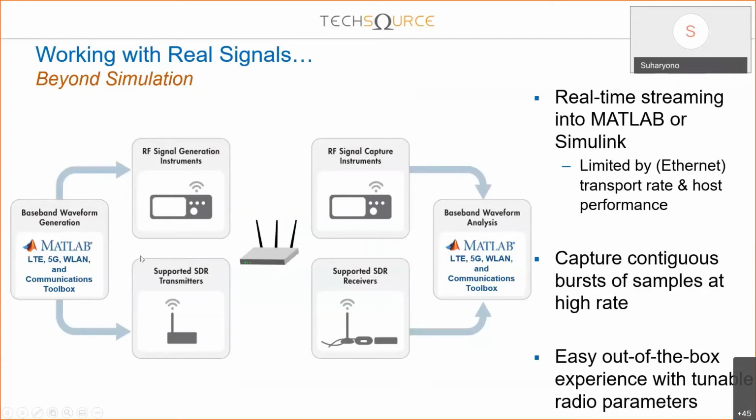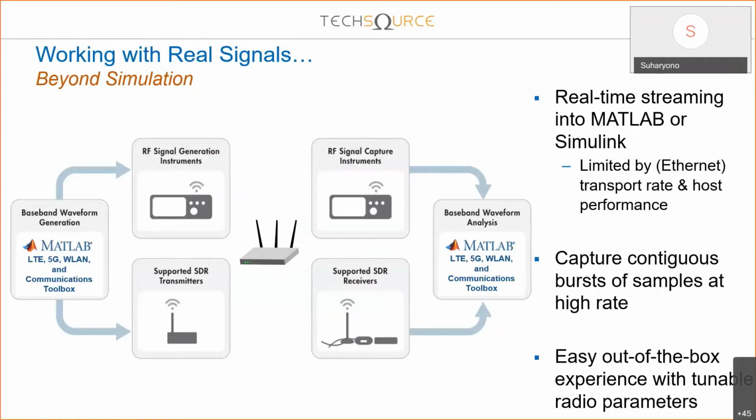You can also capture a continuous burst of sample data and use it for your further downstream analysis. So how can you do this? We have support packages that help you connect with various SDR platforms.